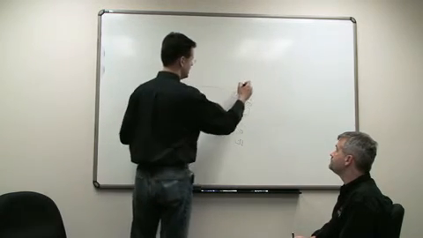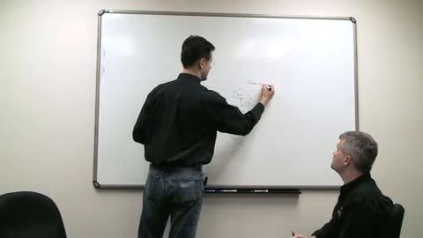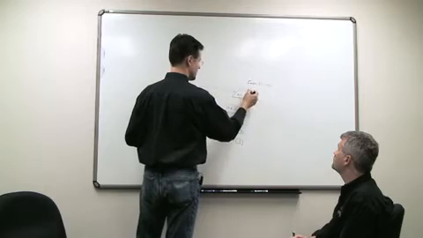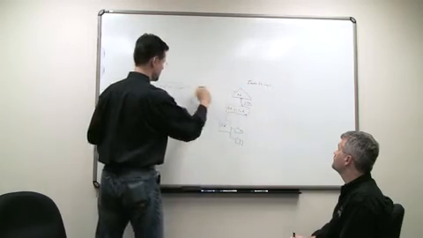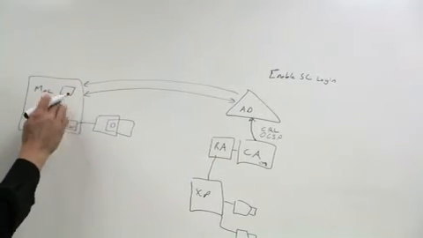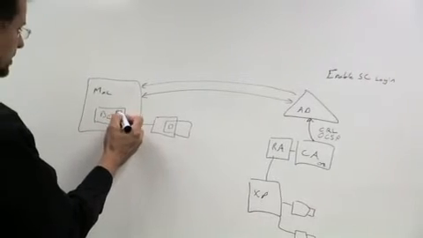First one is enable smart card login. When we check the enable smart card login, it gets put into group policy and then propagated down to the Macintosh. And we have our own group policy enforcement. Actually, I should draw that inside here as a function of direct control.